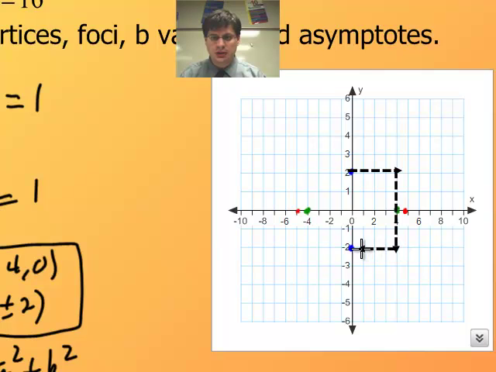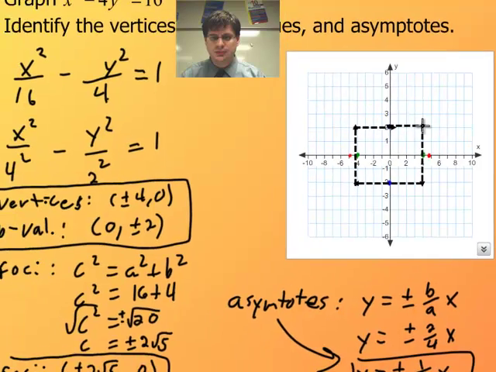So it's going to be something kind of like this. Okay. And then I'm going to use my slope of 1/2, where I go up 1 over 2, you know how that goes, and I'm going to draw those lines.